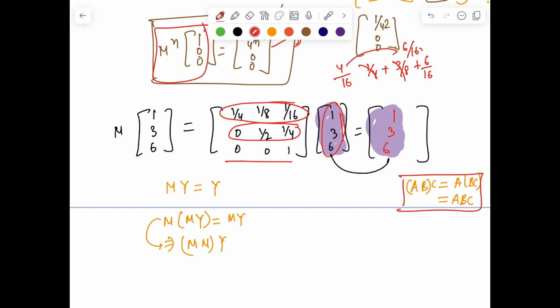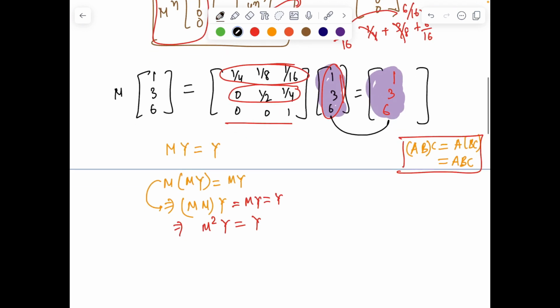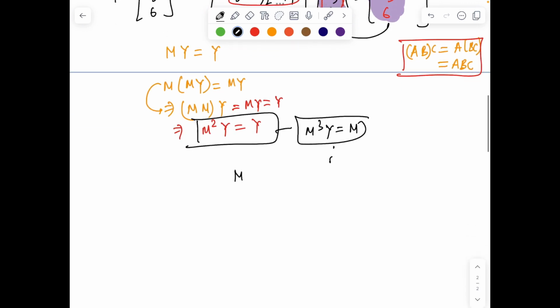Remember, matrices are not commutative, but they are associative. That's crazily true. And this equals MY, and that gives me M squared Y equals MY, and MY is by default Y. So now you can see again if we take M on both sides, we are going to get M cubed Y equals MY, and that is back to Y. That shows M to the power n Y will be Y for all n belonging to natural numbers.